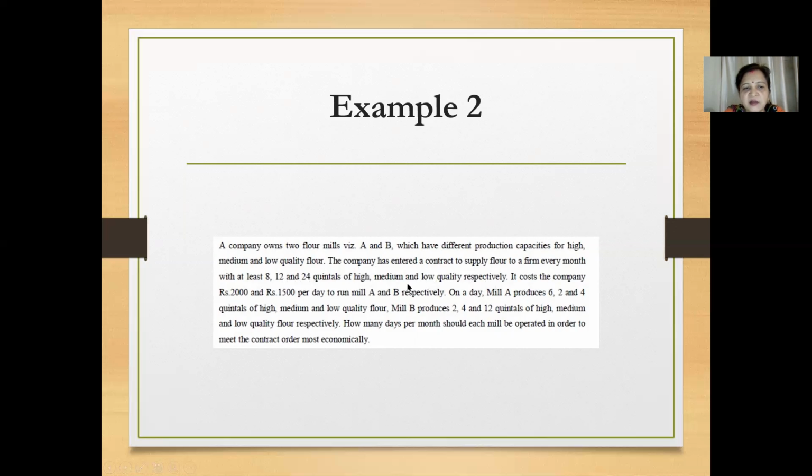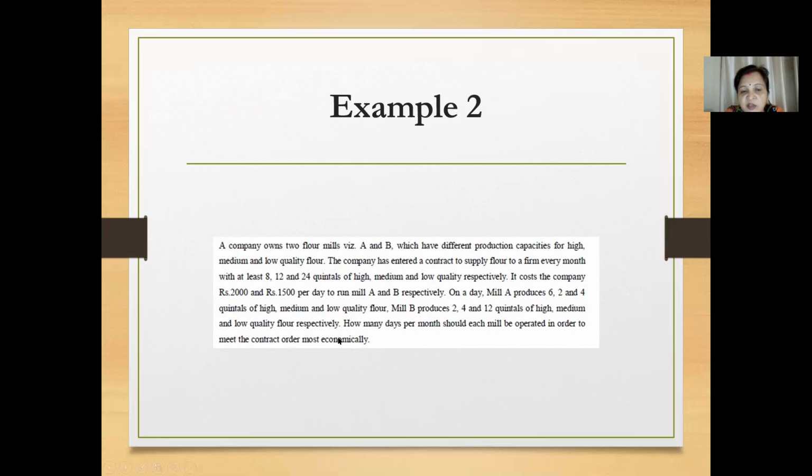It costs the company rupees 2,000 and 1,500 per day to run mill A and mill B. On a day, mill A produces 6, 2, 4 quintals of high, medium, and low quality flour, and mill B produces 2, 4, 12 quintals of high, medium, and low quality flour respectively.